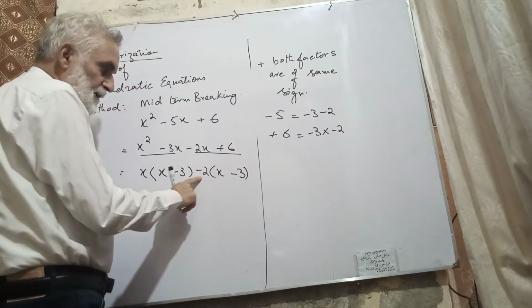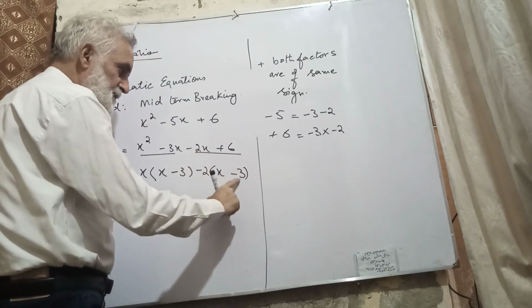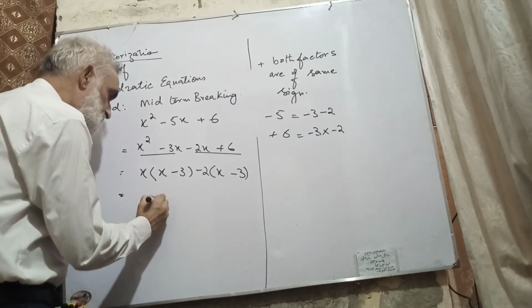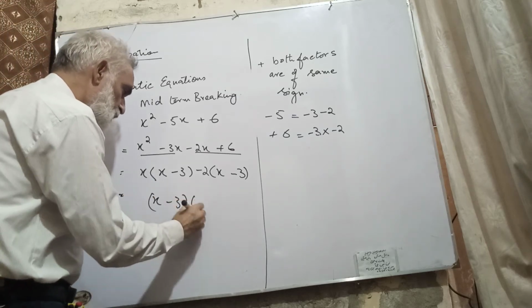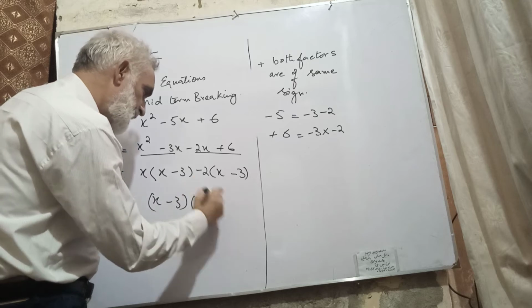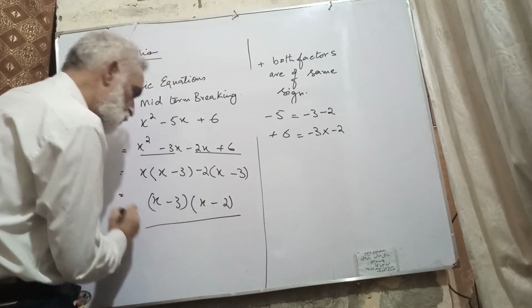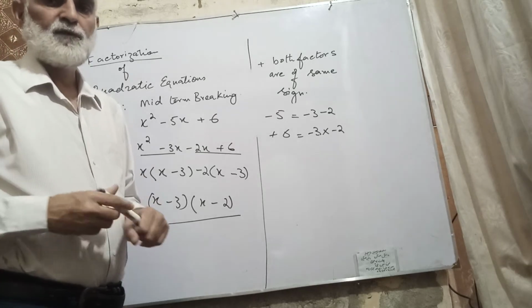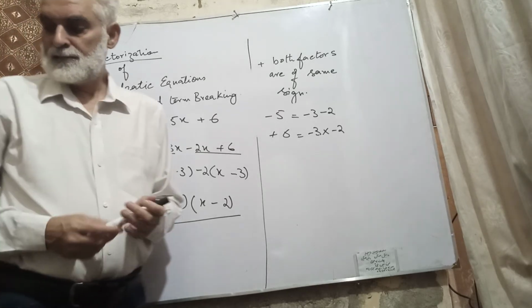See, when we multiply this, minus 2x, and minus times minus is plus 6. So we take common x minus 3. We are left with x and minus 2, which is our answer. I hope you understand this. I'll give one more example of this.